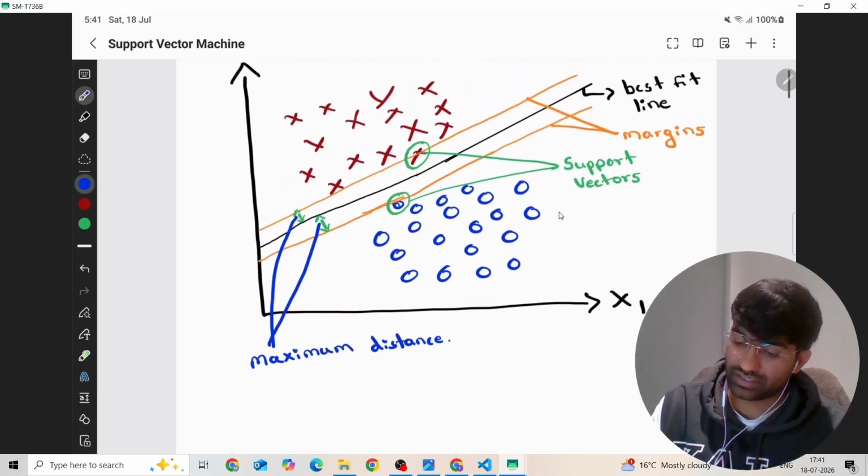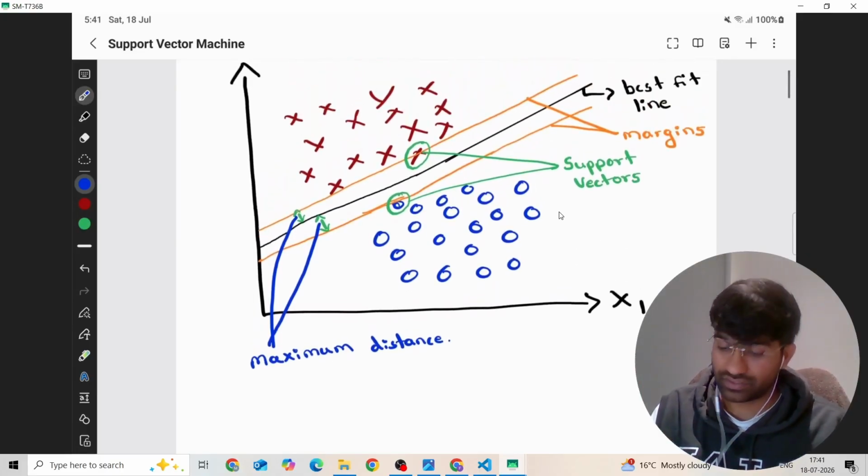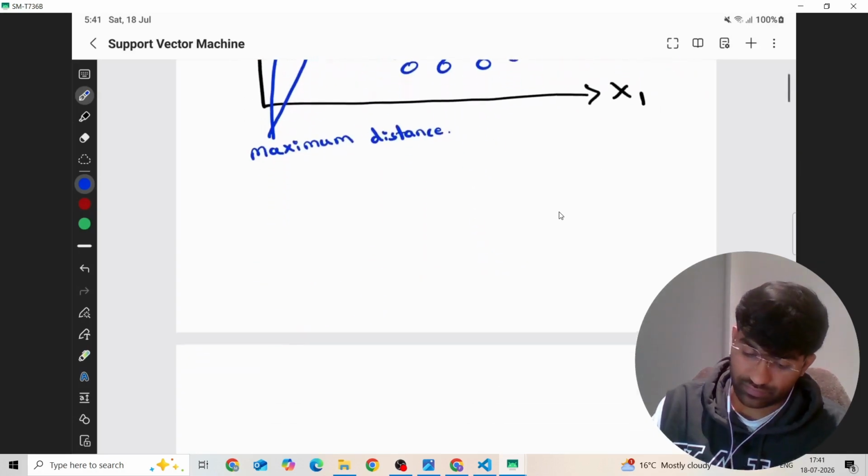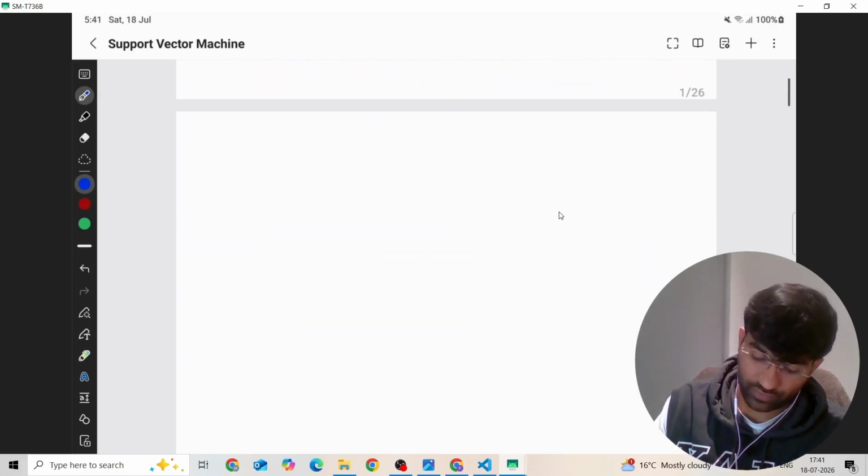So what is this best fit line along with the margins known as? I will draw one more diagram for you.